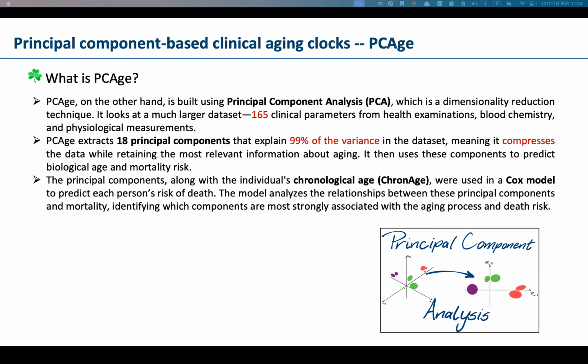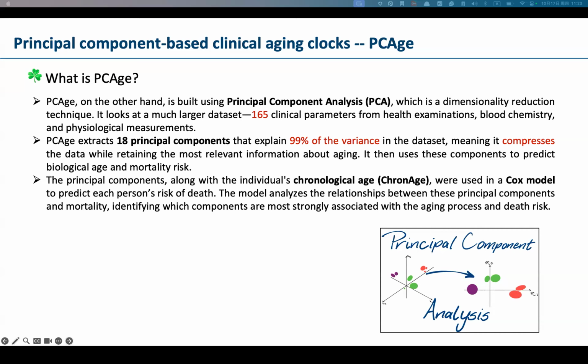They have some variables from patients, different age, gender, smoking, BMI and so on. Then there's a PCA on it. The 18 principal components explain the variance.